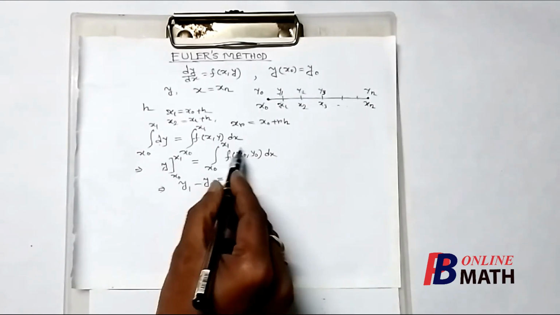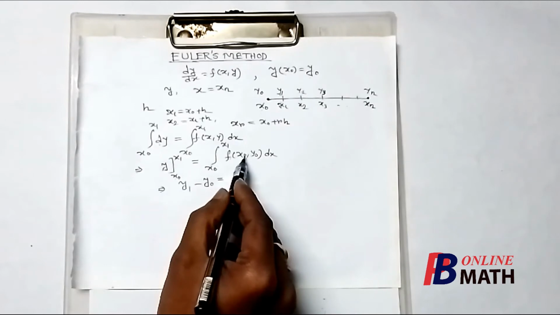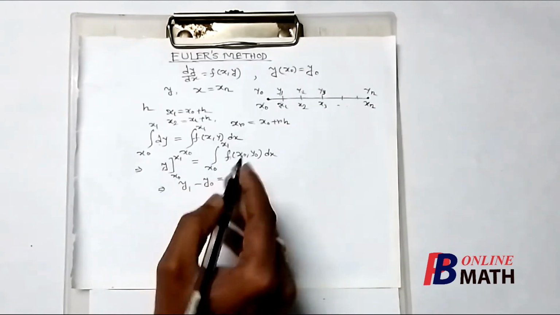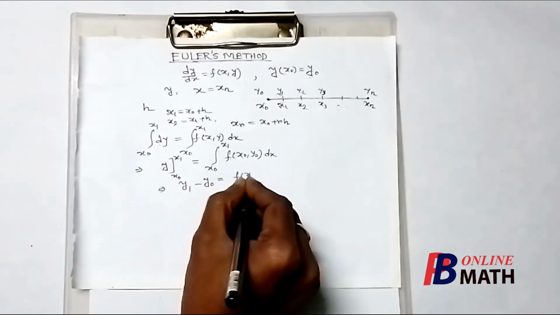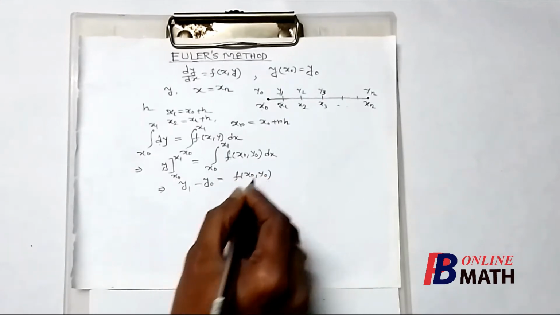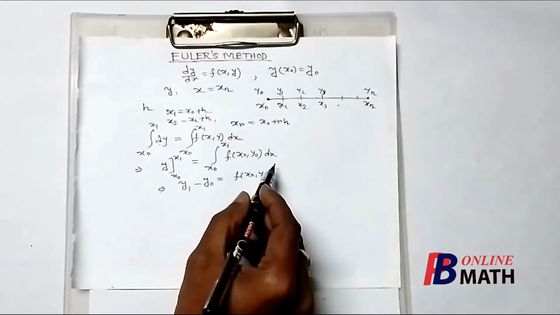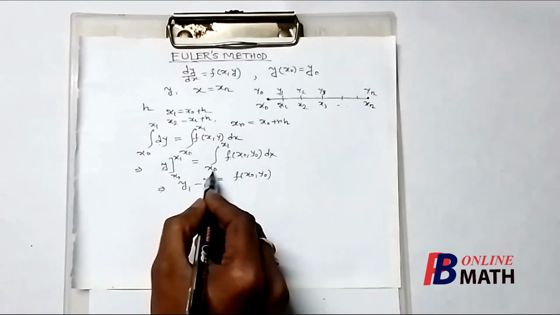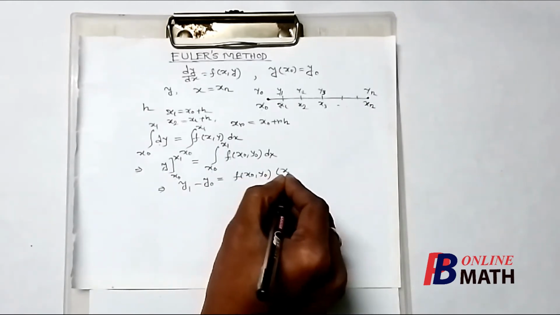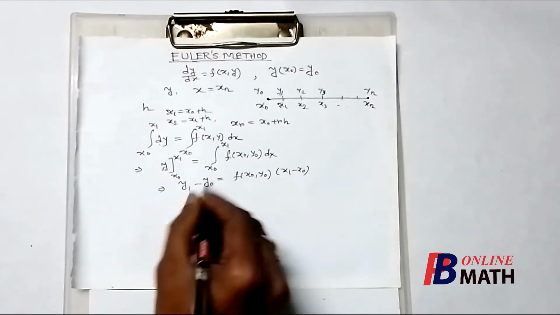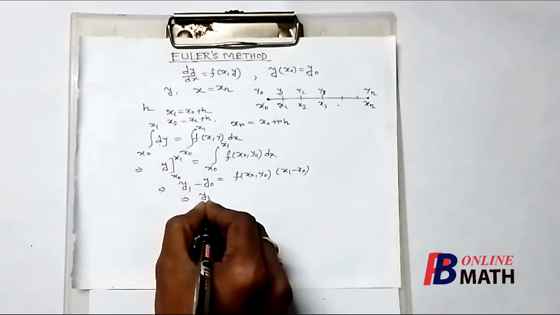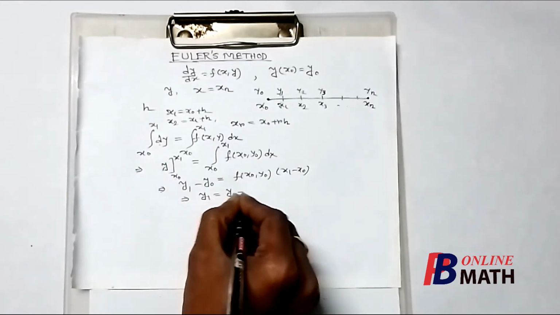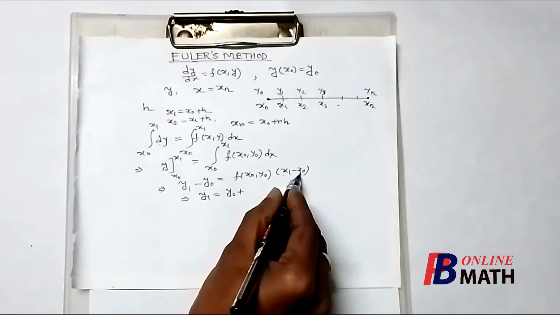Now if this is a constant, then we can take this value outside the integration. Then it becomes the integral of dx from x0 to x1, which is nothing but x1 minus x0. From here we find that y1 equals y0 plus f(x0, y0) times (x1 minus x0), where x1 minus x0 is h.